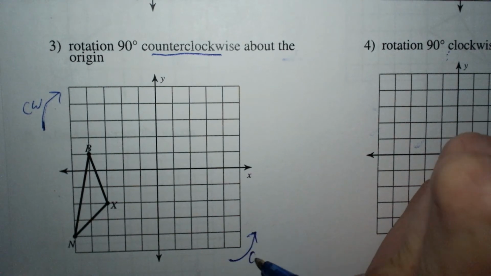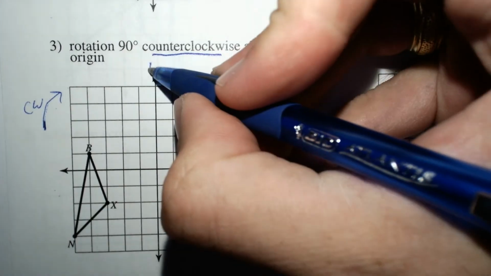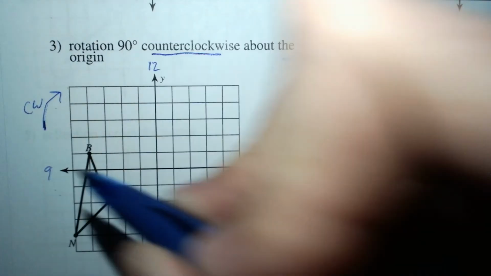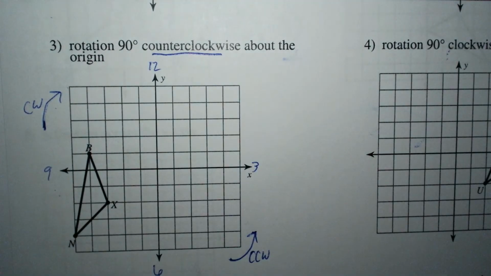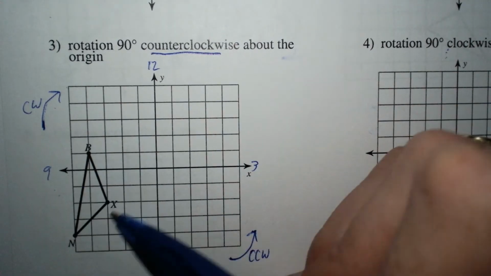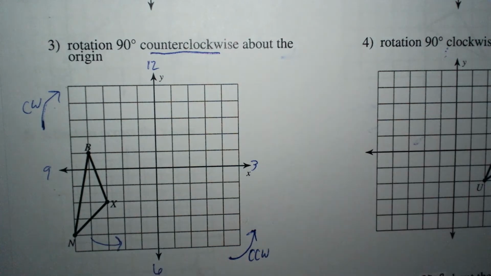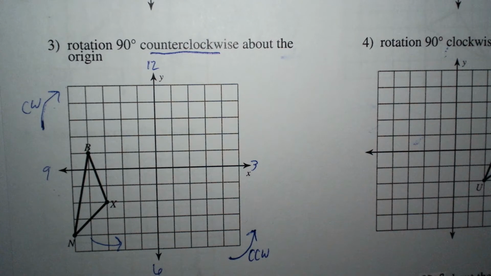This way is counterclockwise. Okay, you're picturing it like a clock. That's 12, 3, 6, 9. Clockwise is the way a clock goes. Counterclockwise is backwards. So if we want 90 degrees counterclockwise, that's going to go from here this direction. We're going to rotate it that way, which means it's going to end up being right in here somewhere.